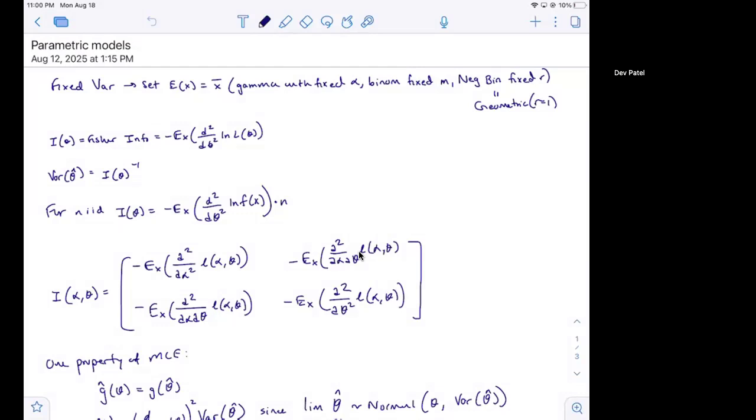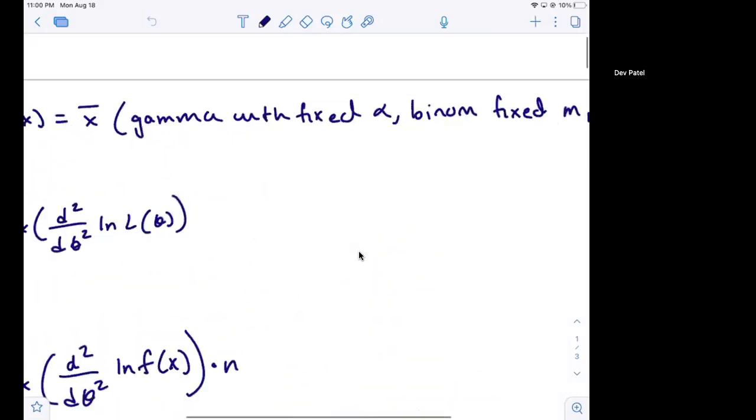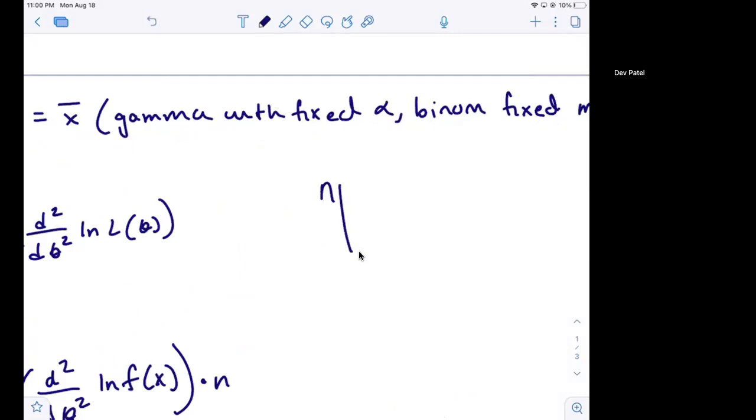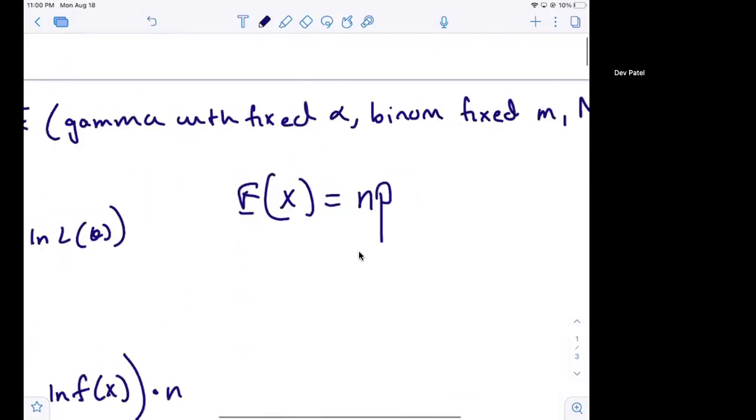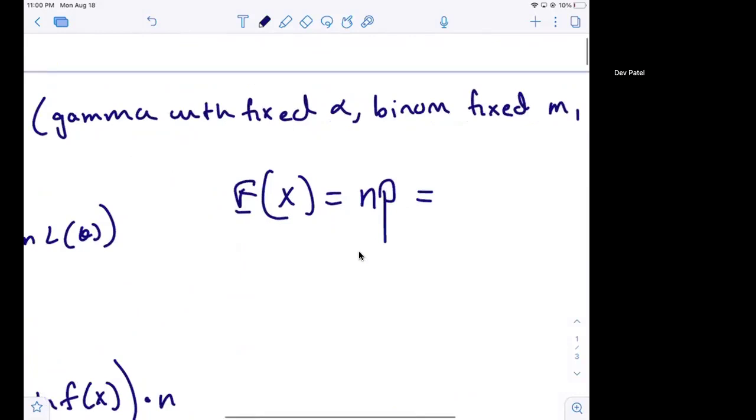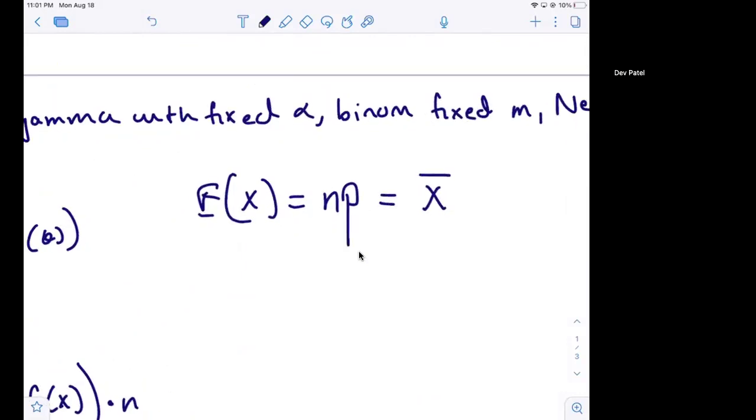So, for example, if we are referring to a binomial, we know the expected value is np, which equals X bar, or the average. Now, if we're looking for parameter p, that is going to equal X bar over n.